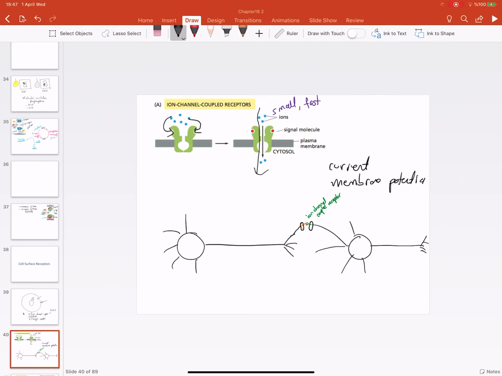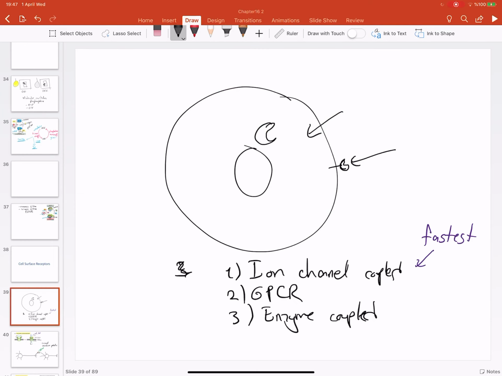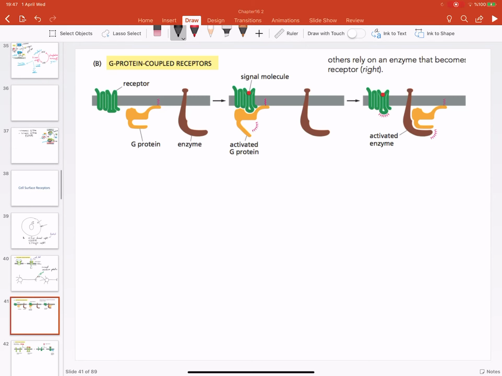Okay? This is why neurons prefer them. Of course, this is not the only thing that is happening in the neurons. Neurons also use the GPCRs, but they are used for long-term effects like long-term potentiation and long-term depression. They're also used for the architecture of the synapses. But for the fast signals to decide on the action potential, the ion channel coupled receptors are preferred.